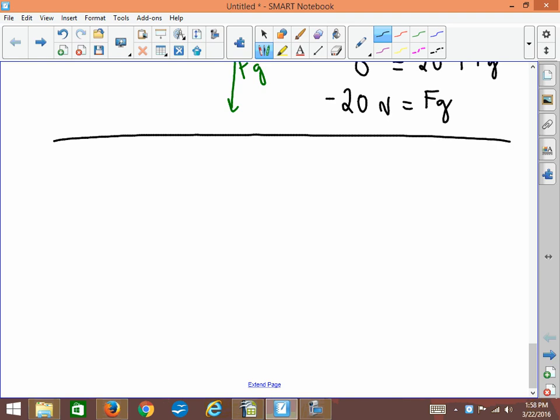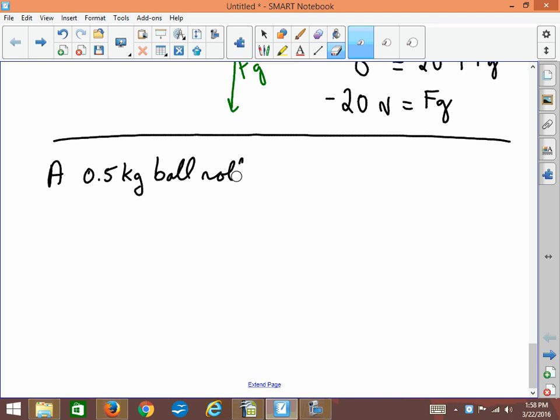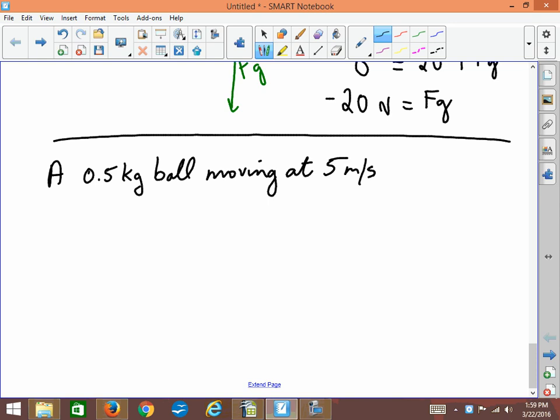Okay. Let's see here. All right. A 0.5 kilogram ball is moving first before it rolls to a stop. Well, moving at, I believe it was 2, no, it was 5, sorry, 5 meters per second.